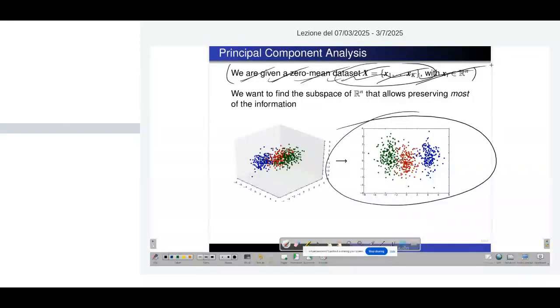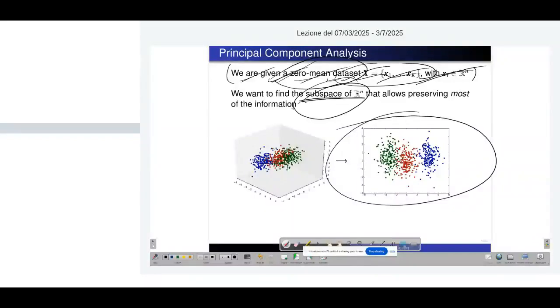The idea here is we want to find a subspace that preserves the information. We see that if the dataset is non-zero mean, then finding a subspace may lead us to something that is not that interesting, at least for some of the directions that we take. So we will generalize the problem to finding a surface rather than a subspace over which to project.